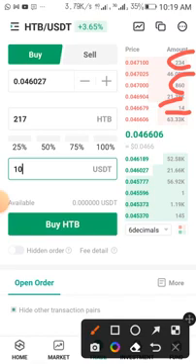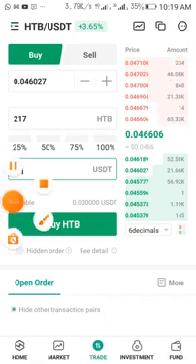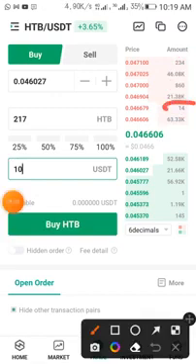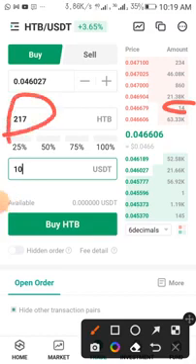Okay, this guy doesn't have up to $10 worth. His own is just 14 HTB. So it's not up to $10 worth, because this is the equivalent of HTB to 10 USDT. So I cannot buy from him, except I want to buy parts.